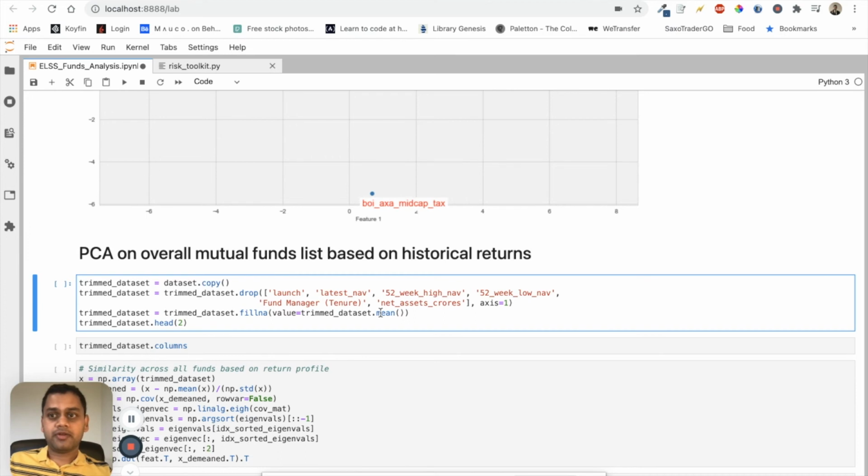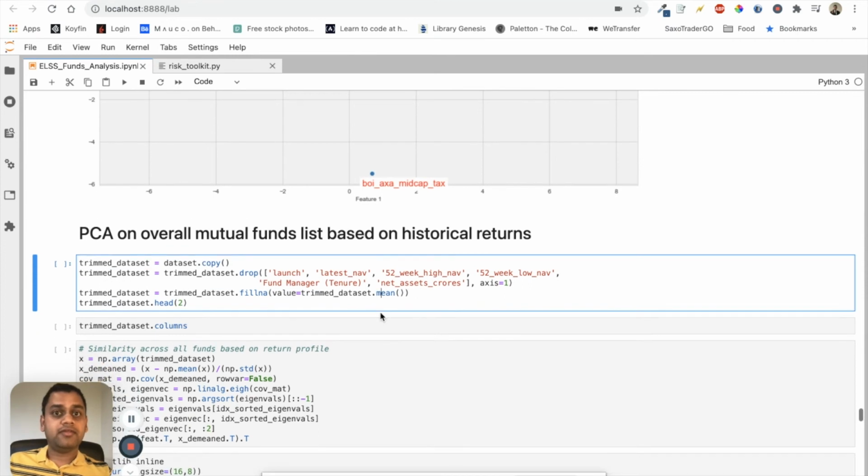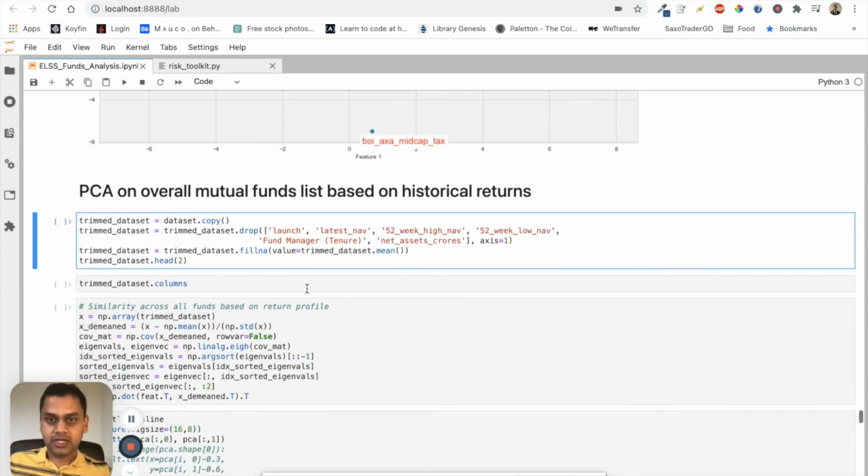There are about 40 different funds, and we can ask how similar or dissimilar they are to each other, and compared to Sensex 30 and Nifty 50. Then you can see whether the entire universe of ELSS funds is just replicating the index, or is really engaging in stock selection. That's what this section and the next section is supposed to do.